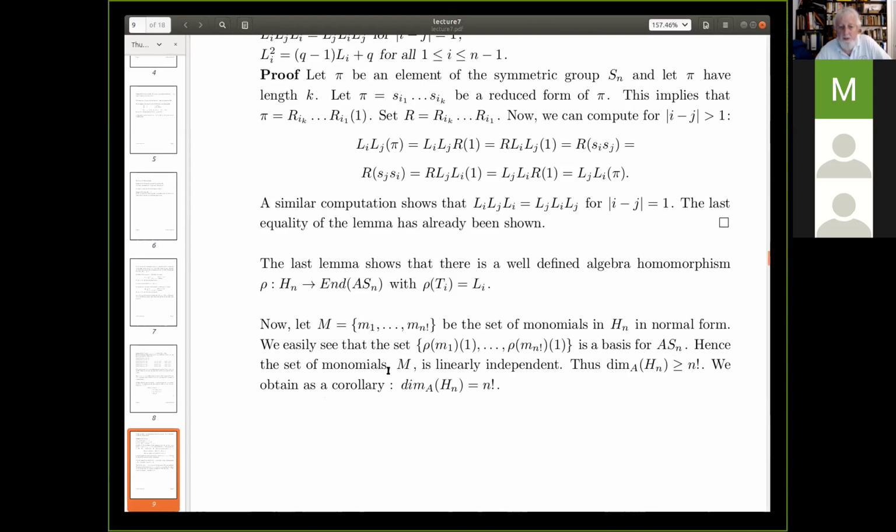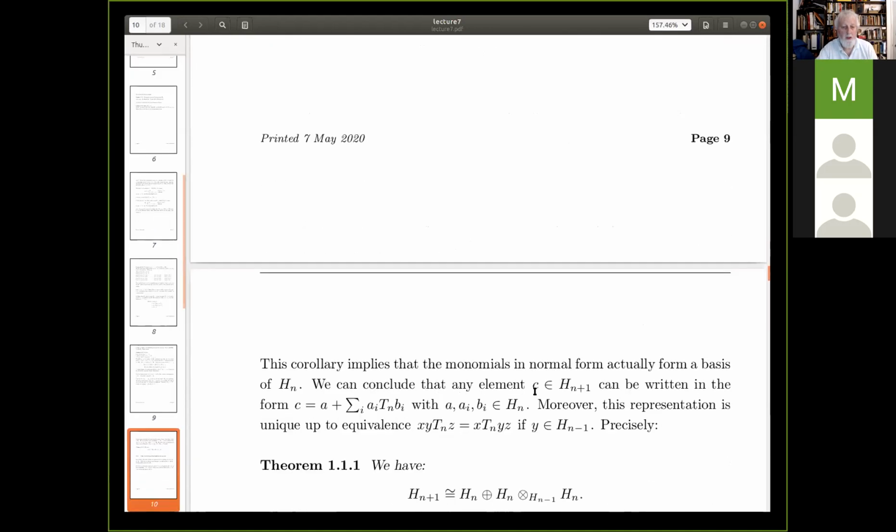Hence, the set of monomials M is linearly independent. Thus, the dimension is greater or equal to n factorial. But we already know that it's less than or equal to n factorial, so we obtain what we wanted to prove, that the dimension of this algebra is n factorial. Good.